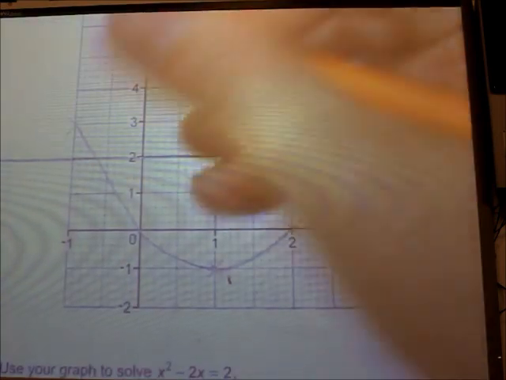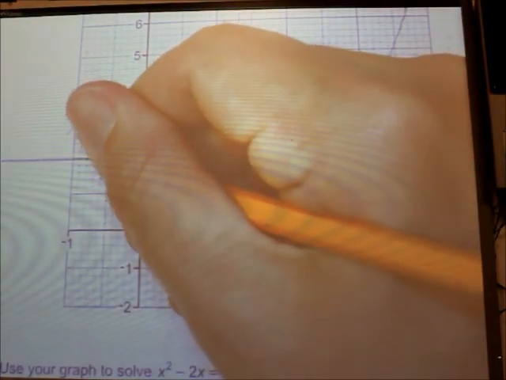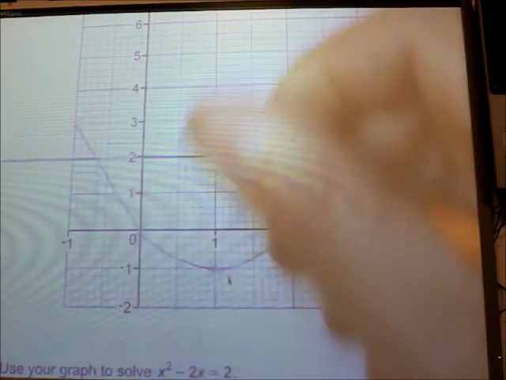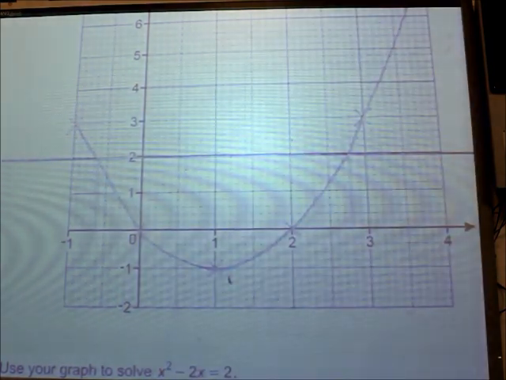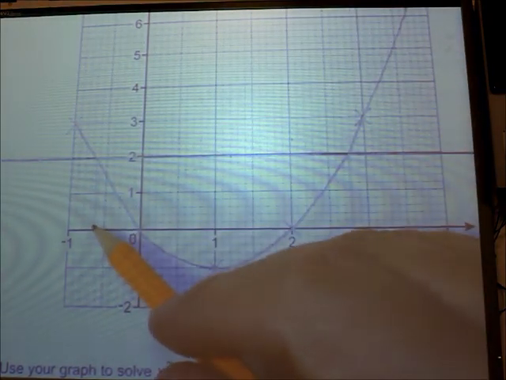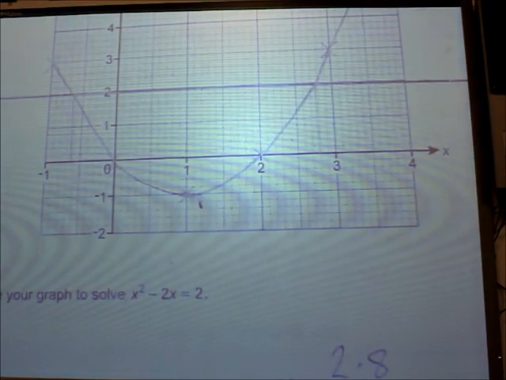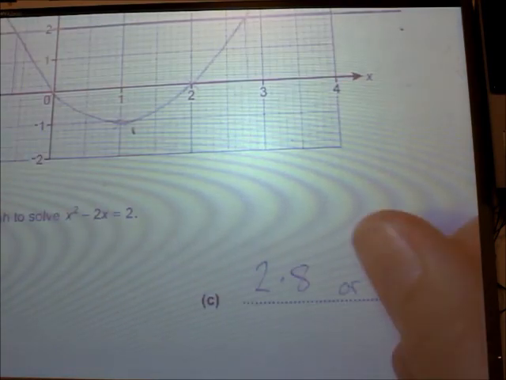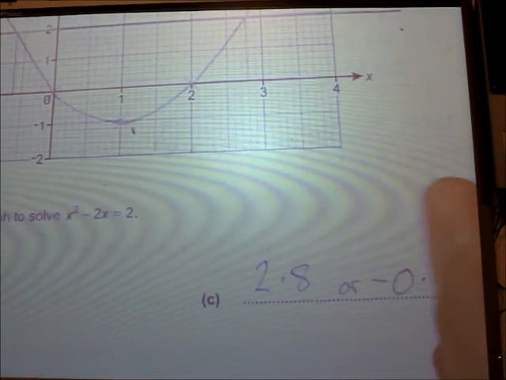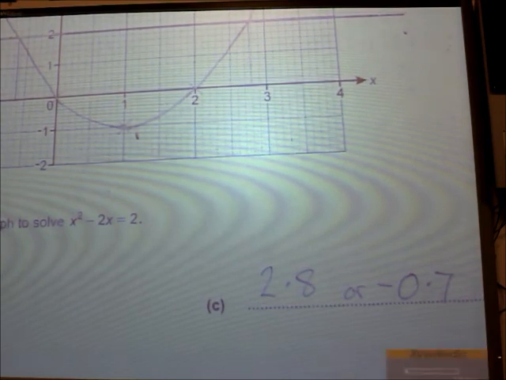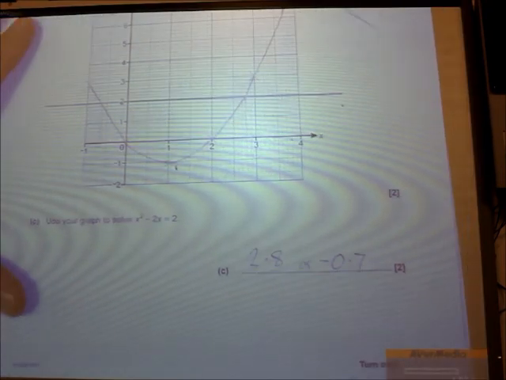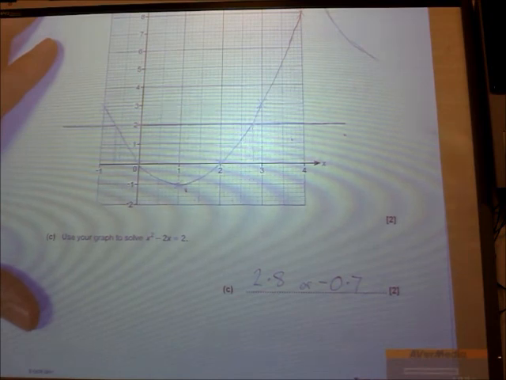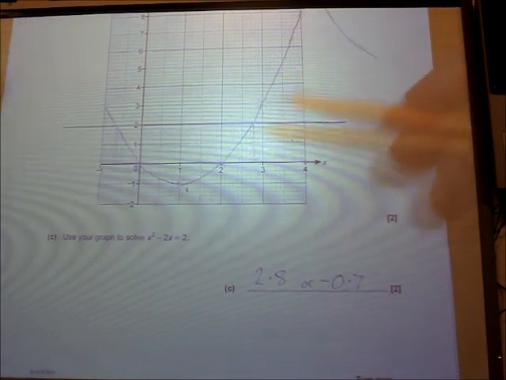And the other answer, we come down from here, is minus 0.6 or 0.7. Let's call it minus 0.7. You're going to get slightly different answers to me for that, because everybody's graph is a little bit different because of the way we do the curve.